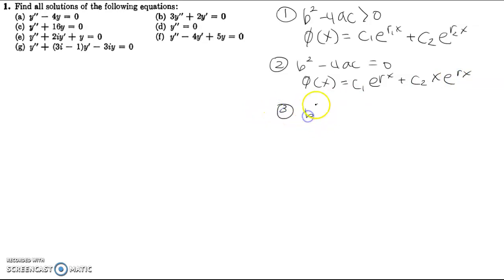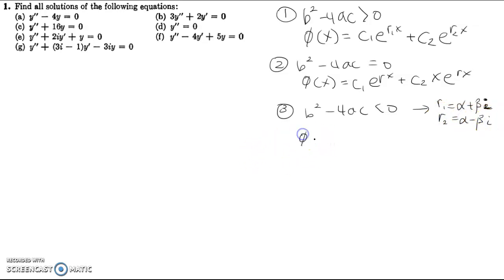Our last case is when b squared minus 4ac is less than 0. So for this case, we're going to have our two answers, r1 equaling alpha plus beta i, because these are the imaginary answers, and r2 is going to be alpha minus beta i.